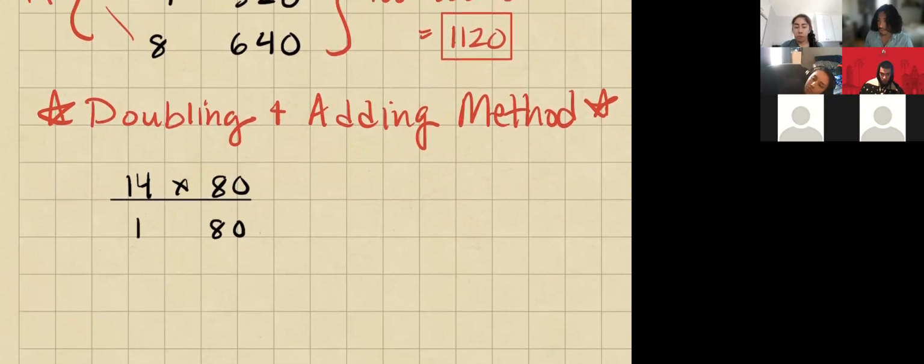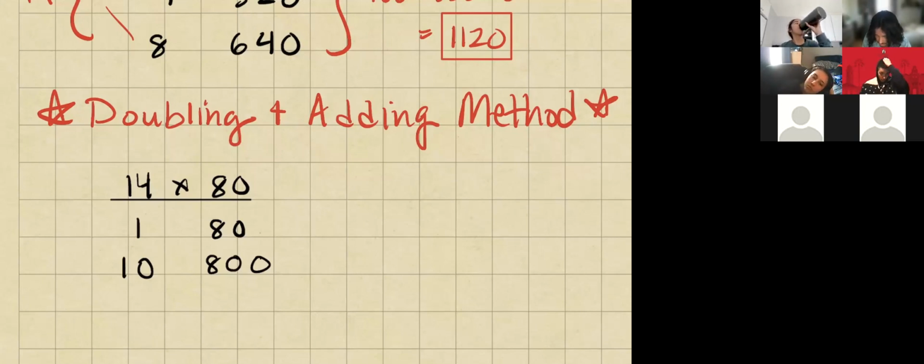And rather than go all the way, we'll go to 2, they would jump down to 10, which gives them what? 800. Remember, what's the goal here? To get to 14. So what do we have here? We have 11.